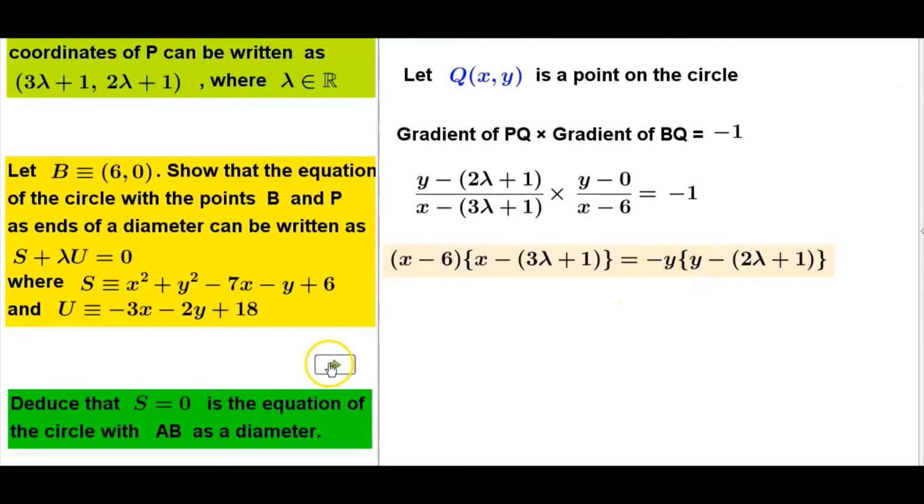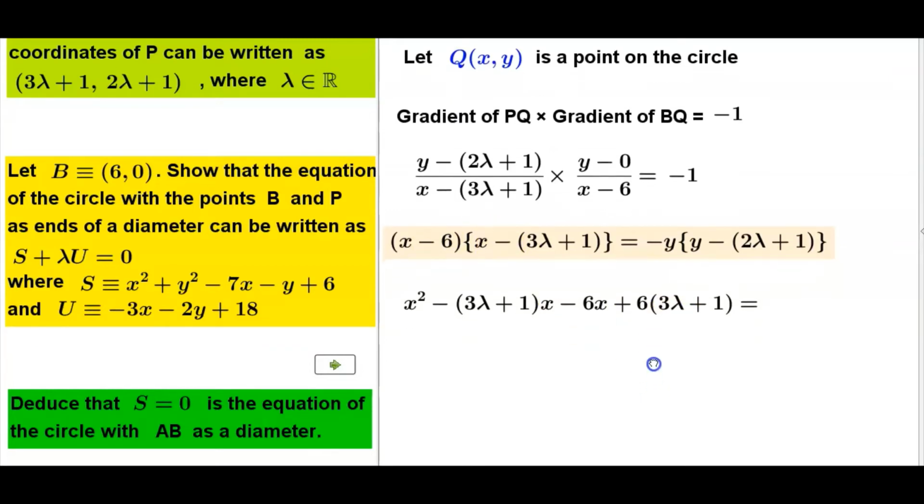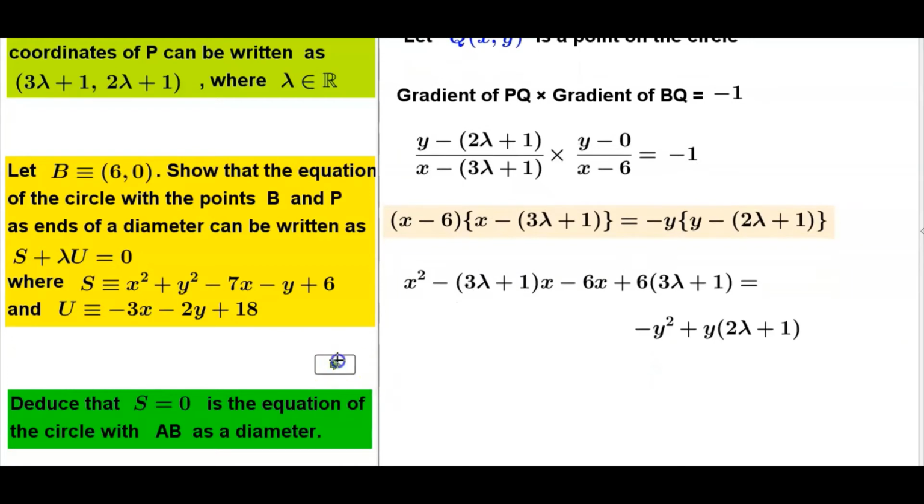Expanding and simplifying: this into this gives x squared, this into this gives minus (3 lambda plus 1) x, this into this gives minus 6x, and this into this gives plus 6 times (3 lambda plus 1), is equal to, expanding this bracket, minus y squared plus y times (2 lambda plus 1).